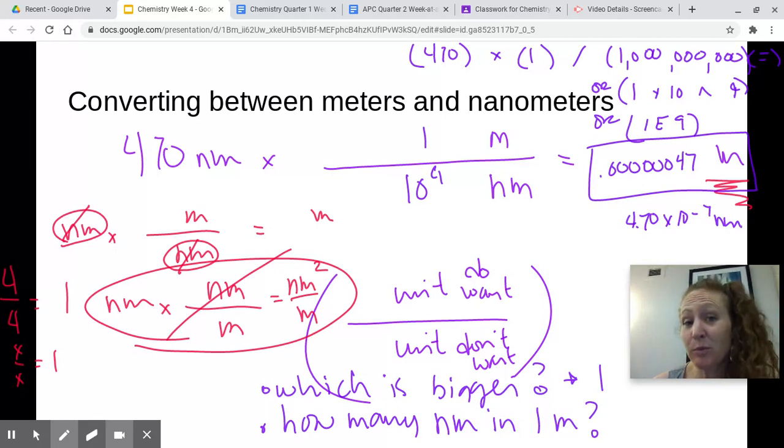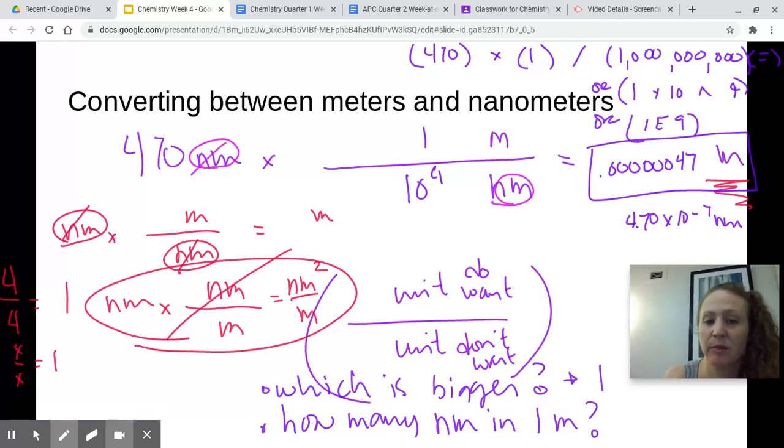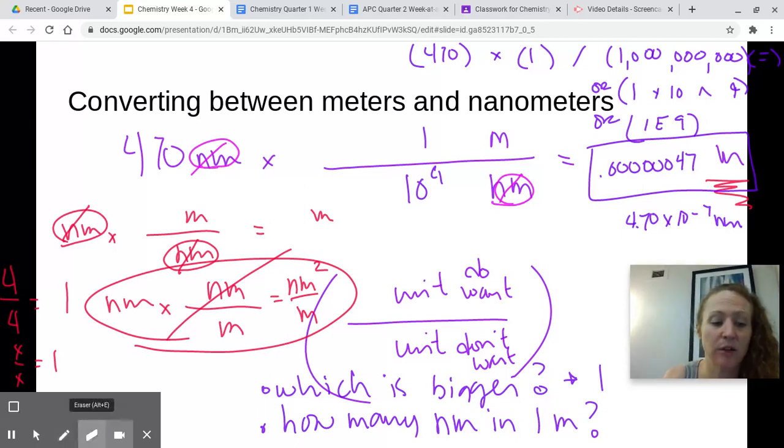So that's your number. Let's go back and double check that we have the right unit. I have nanometers on the top, nanometers on the bottom. They reduce out to equal meters. That's how you're going to set up your conversion from nanometers to meters.